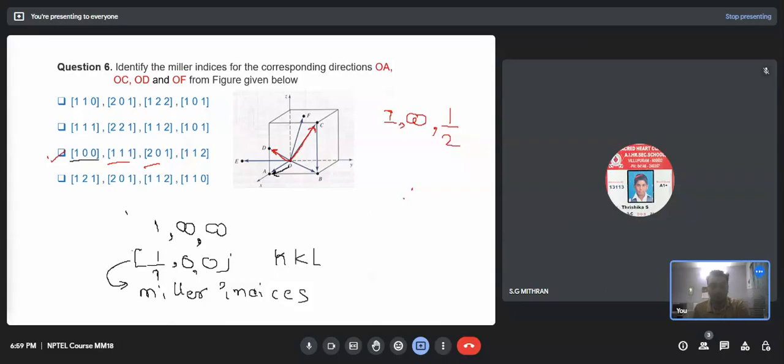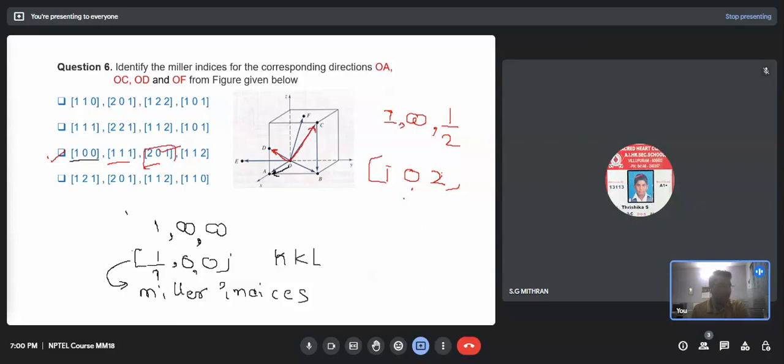So now we'll just take the reciprocal: 1, 0, 2. Hence the answer will be this. I think what is written is wrong. I'll just check and correct this.